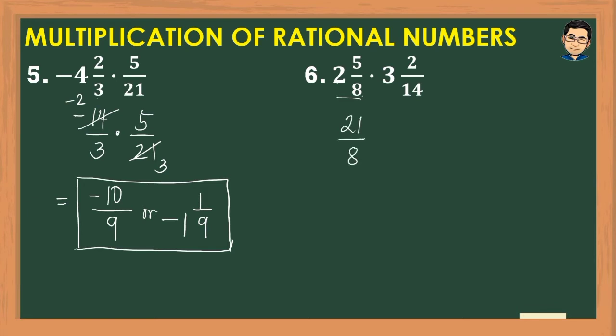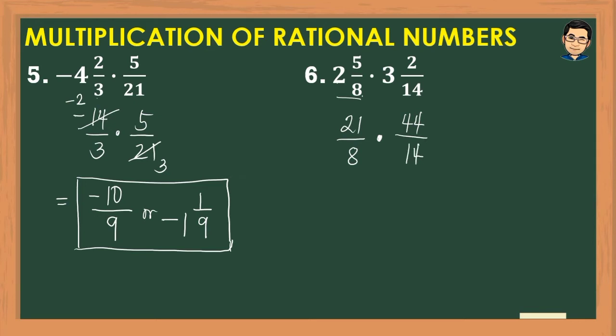Okay, so yung denominator po natin lagi is yung denominator ng fraction. Next, times 3 and 2 over 14. So magiging 14 times 3, that is 42, plus 2, 44 over 14.